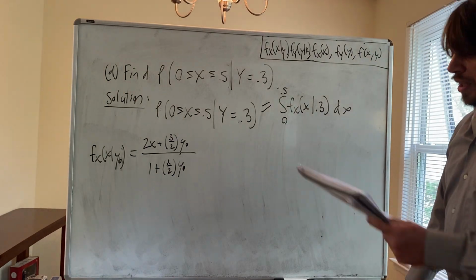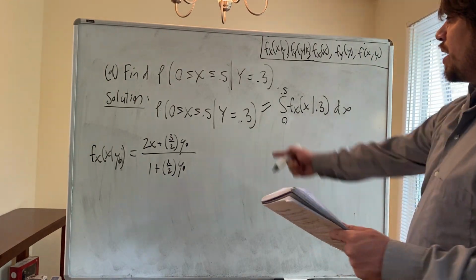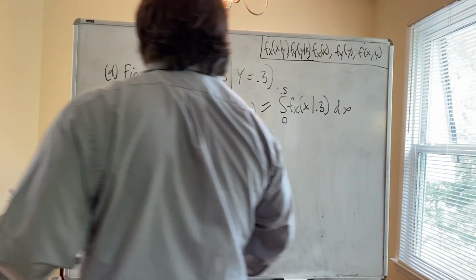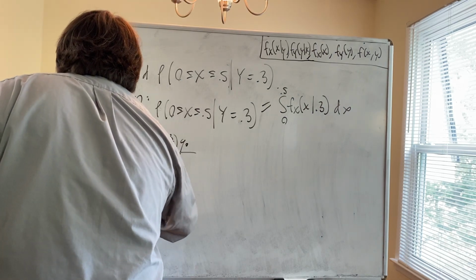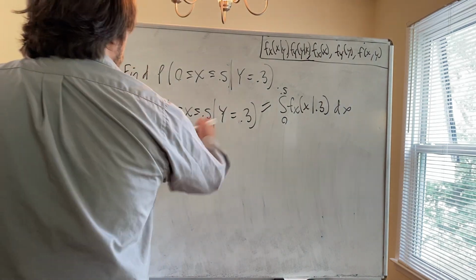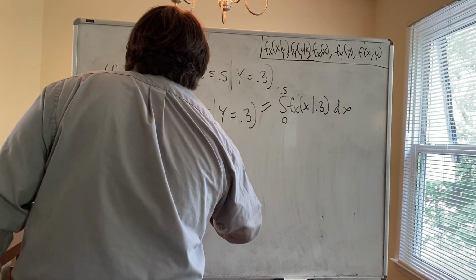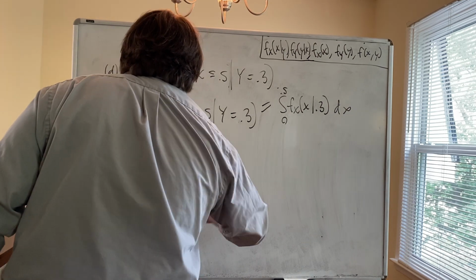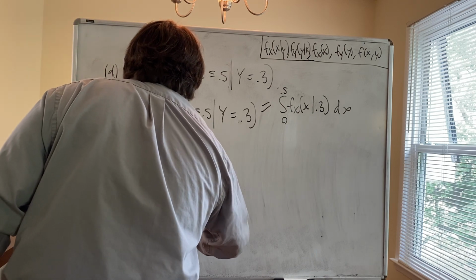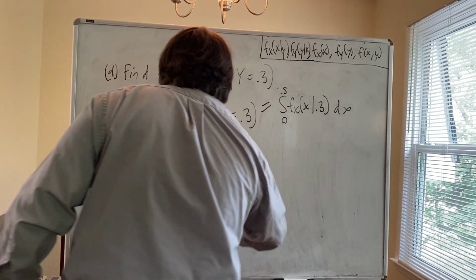Okay? So in this problem, the y naught is the 0.3. And so f sub x of x given y equal to 0.3 is equal to 2x plus 3/2 times 0.3 divided by 1 plus 3/2 times 0.3.